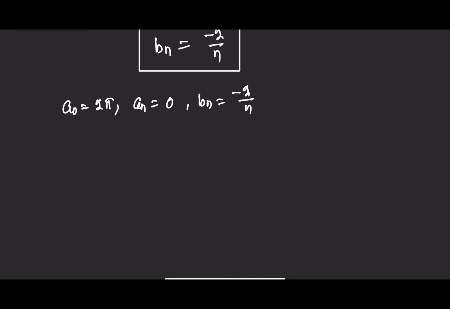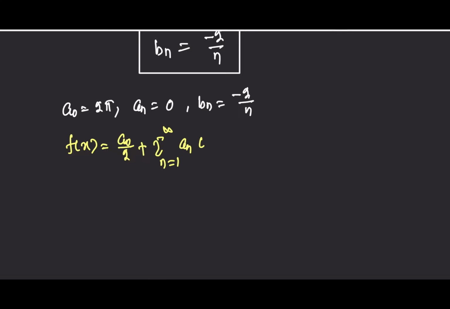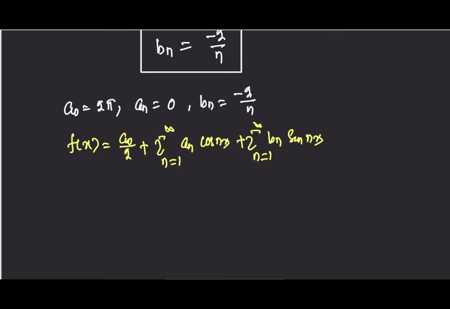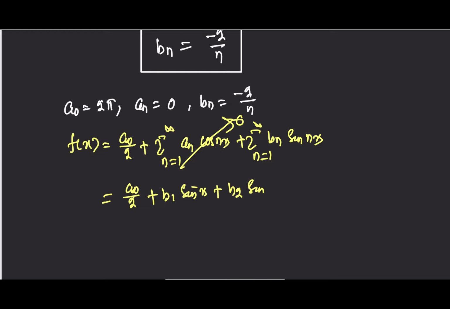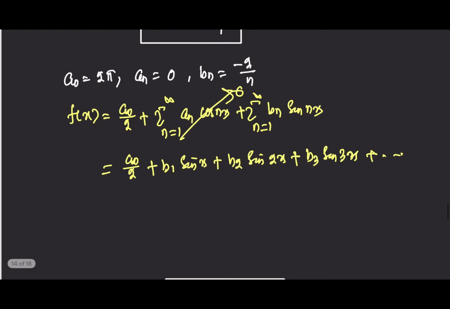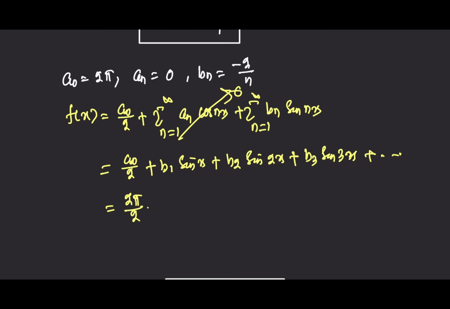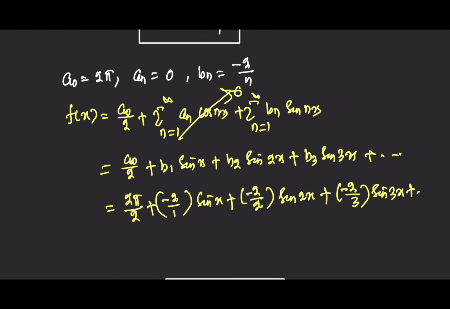Now we put these values in the expression of the function. Okay, that is, here the an is 0, so all the coefficients of the cosine function become 0. Okay, so the series becomes a0 by 2 plus, okay, a0 is 2 pi, so 2 pi by 2 plus b1 is minus 2 by 1, b2 is minus 2 by 2 and b3 is minus 2 by 3 and so on.